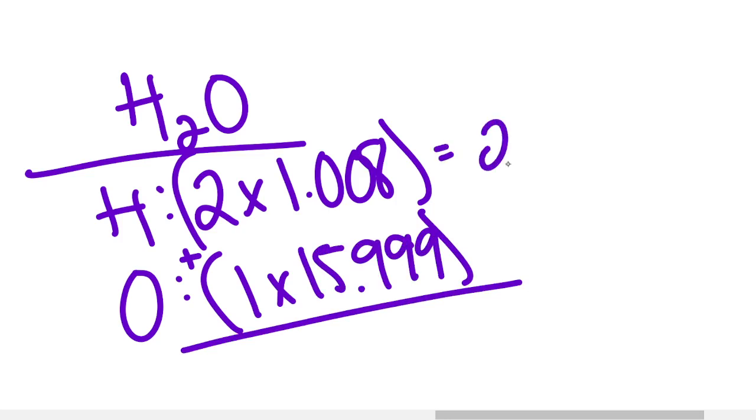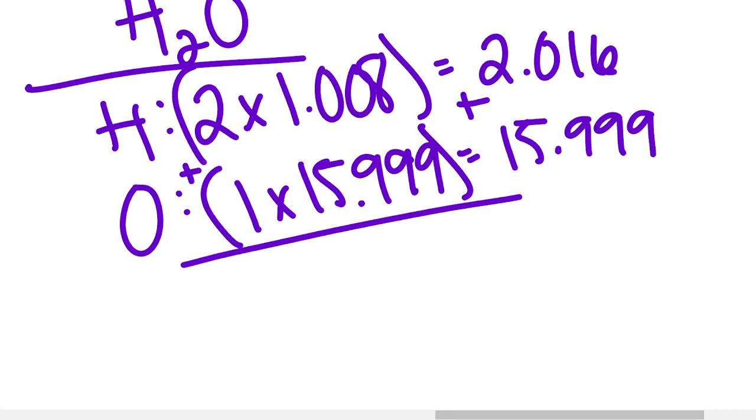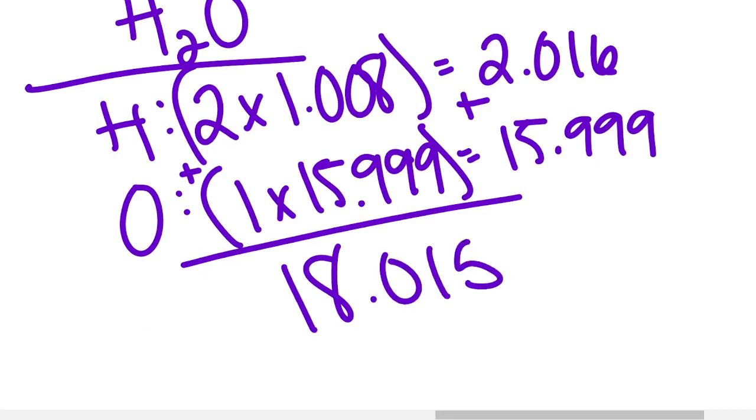So this gives you 2.016. This gives you 15.999. Again, you can just add those 2 together, or you can type all of this with the parentheses and everything into your calculator. And either way, you end up with 18.015.